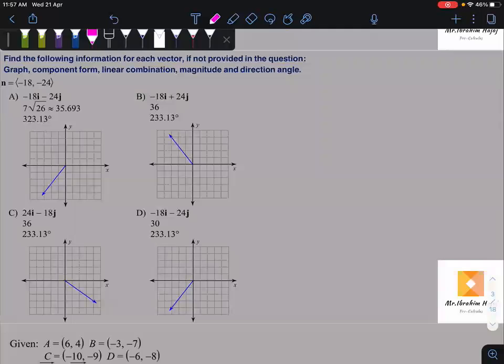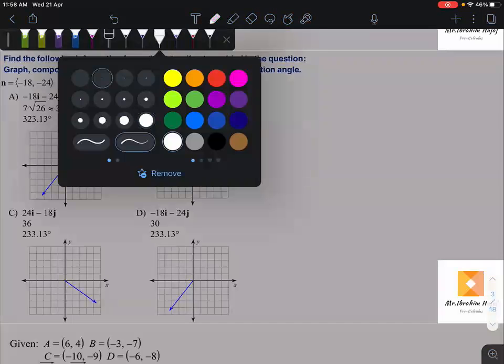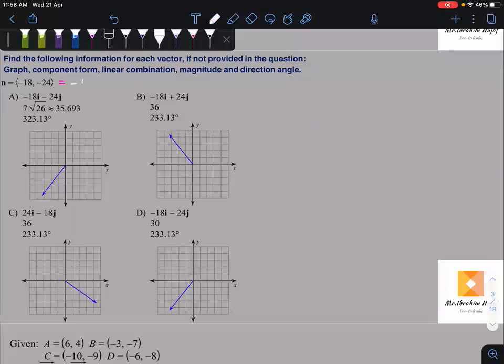So let's write first this vector as -18i minus 24j.